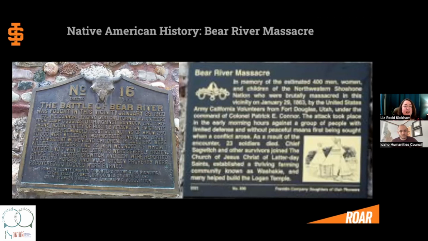So this reads like an inventory. We burned 70 lodges, this many people, this many horses. And notice how they're including the people in the count along with the horses. So it's just an inventory of what we accomplished. And it centers the military.